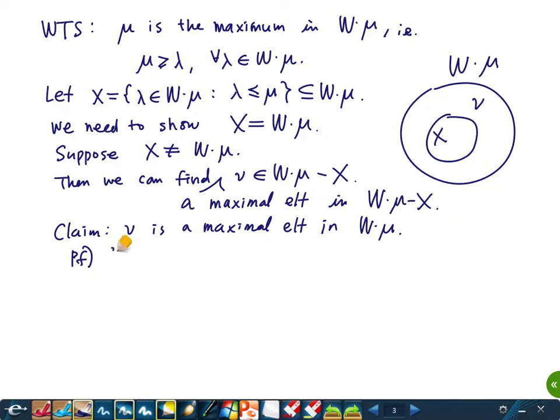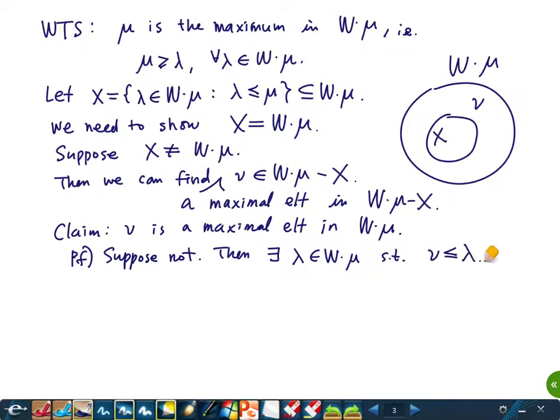So suppose not, for a contradiction. That means if it's not maximal, there is an element in here such that nu is smaller than lambda. Okay?